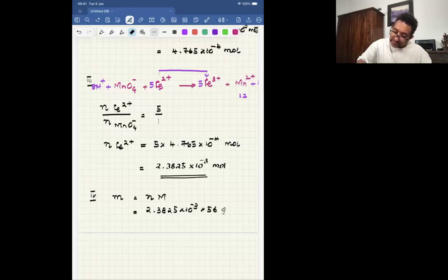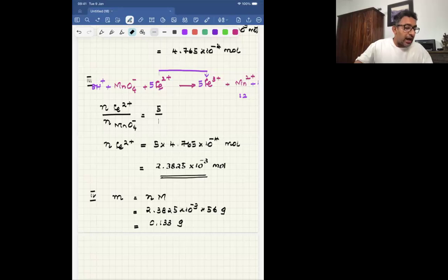This is the mass of iron that got titrated. So what is that value? You get 0.133. I will not go for all other decimal places.